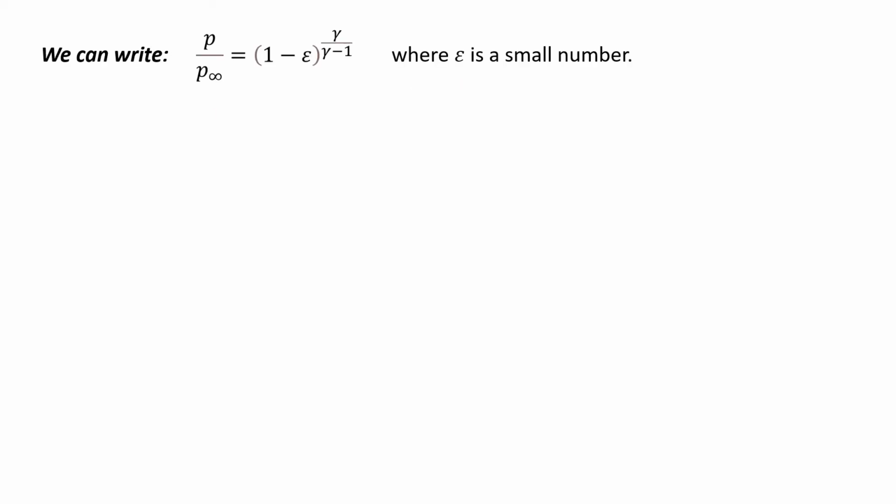Since we are looking at the pressure coefficient and we've derived how it was expressed by the velocity perturbations, now we can rewrite the pressure ratio as 1 minus epsilon to the power of gamma divided by gamma minus 1. In here, epsilon is a small number.